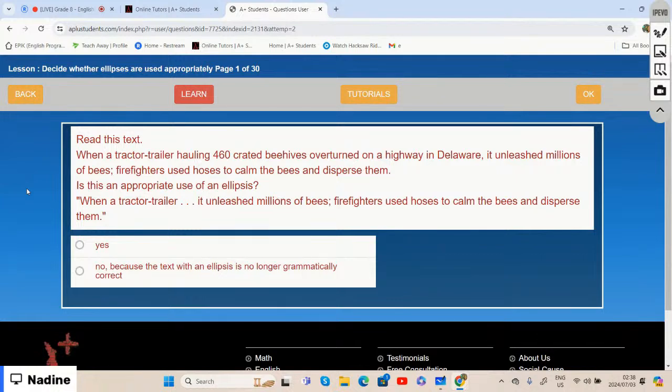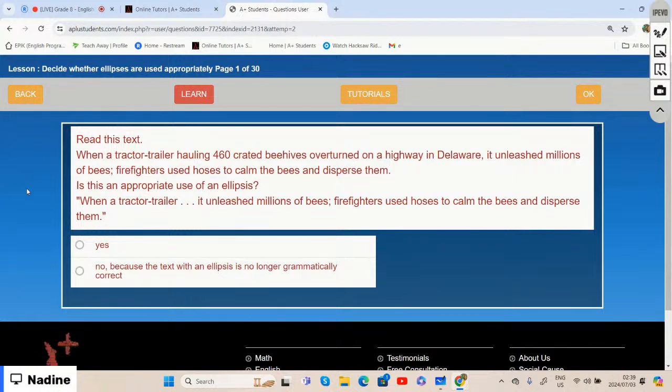When a tractor trailer hauling 460 crates of beehives overturned on a highway in Delaware, it unleashed millions of bees.